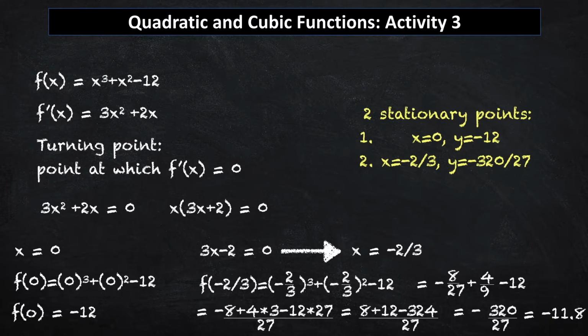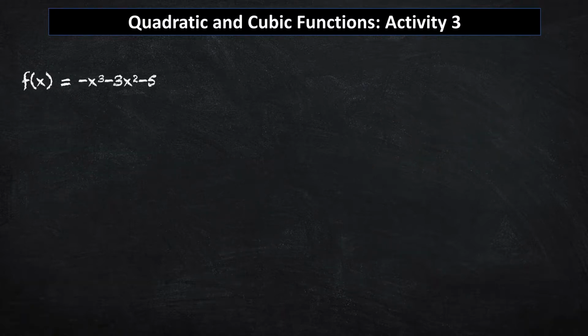The first one is x equals 0, y equal to minus 12. The second one is x equal to minus 2/3, y equal to minus 320 divided by 27, which is more or less minus 11.8.